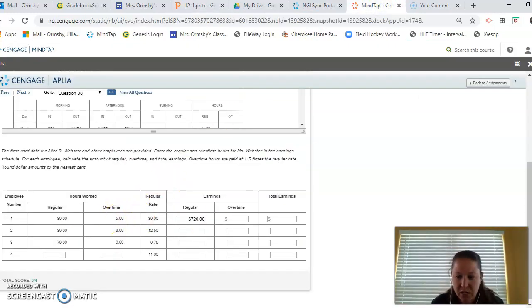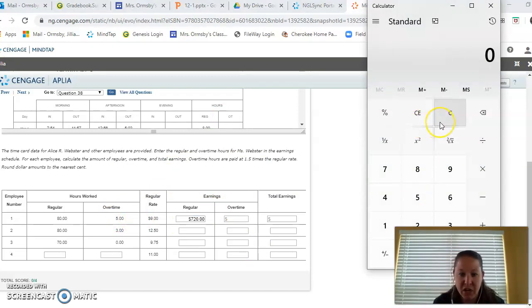So we're first going to start off by figuring out the overtime rate. So it's just this employee number 1 makes $9 an hour. So you multiply that by 1.5. That gives you the overtime rate. So employee number 1 makes $13.50 for every overtime hour worked. So 13.5 times 5 overtime hours gives us $67.50.